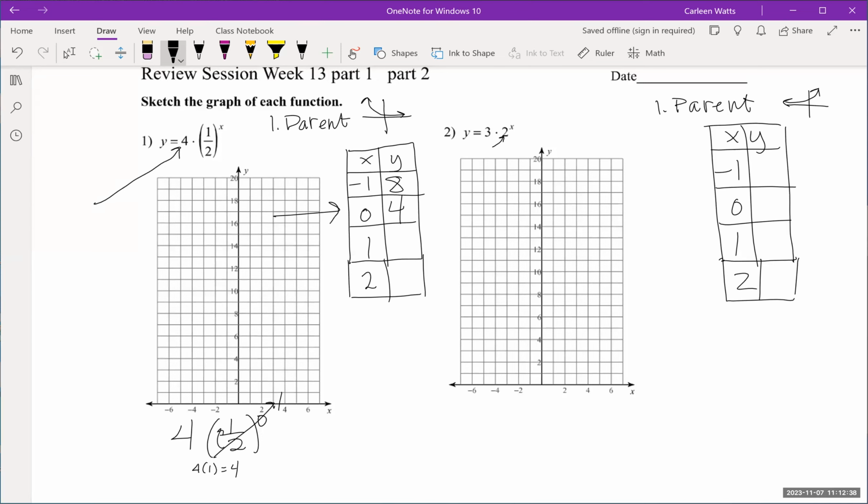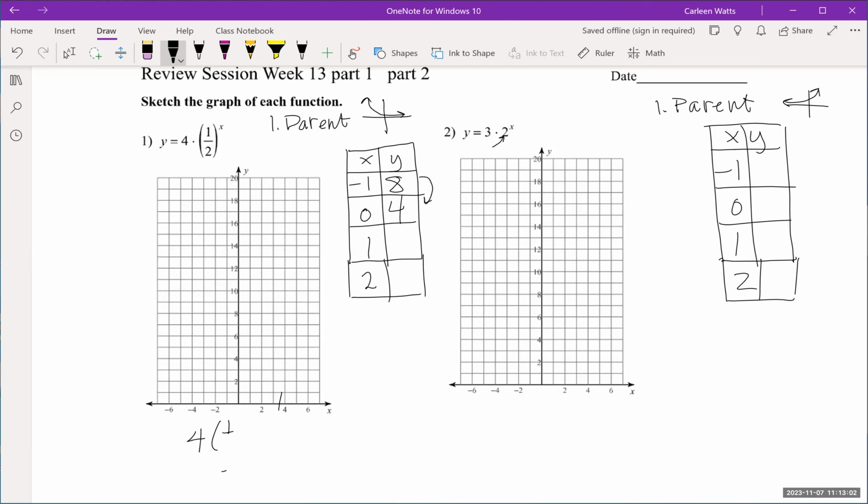The y-intercept is 4, right? Well, that's interesting. And what's happening? It decreases by, it's getting cut in, I don't know. So let's do another one.